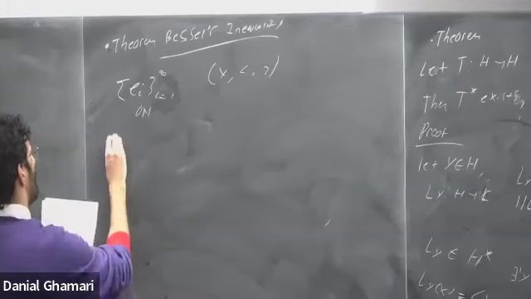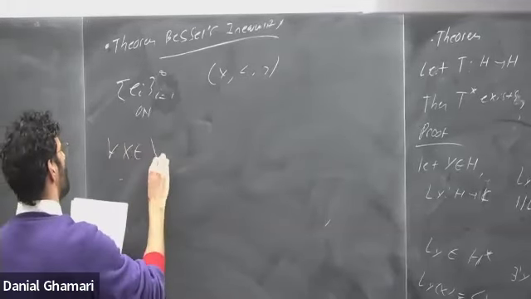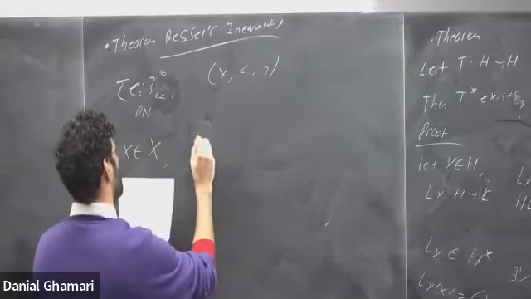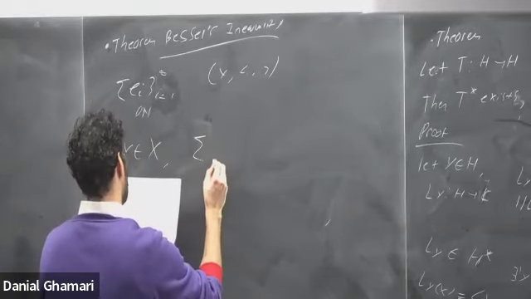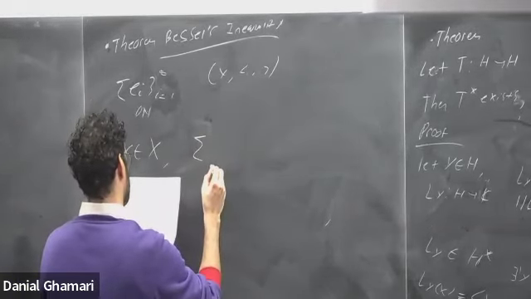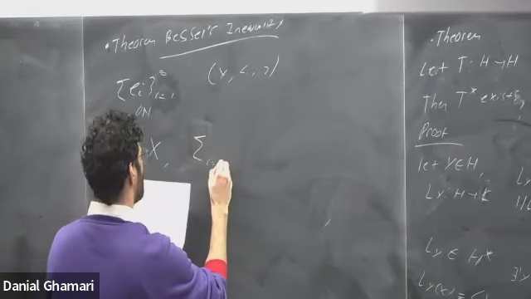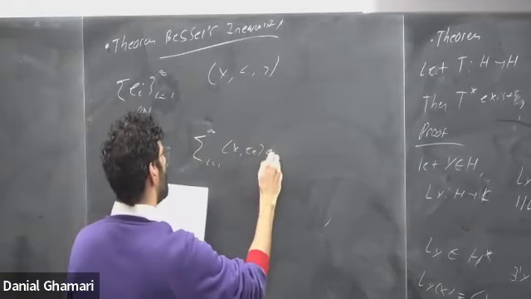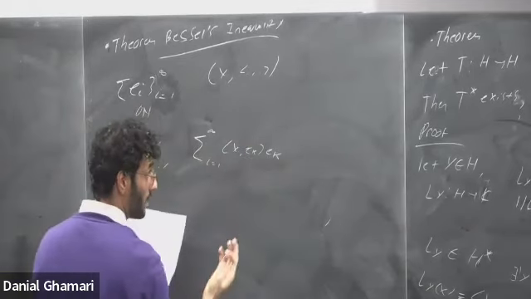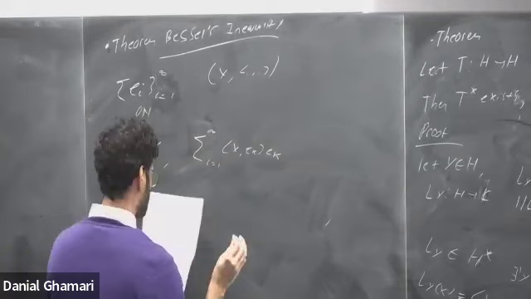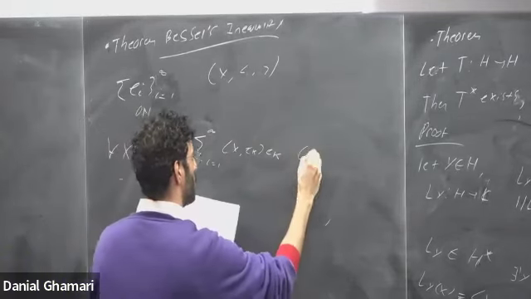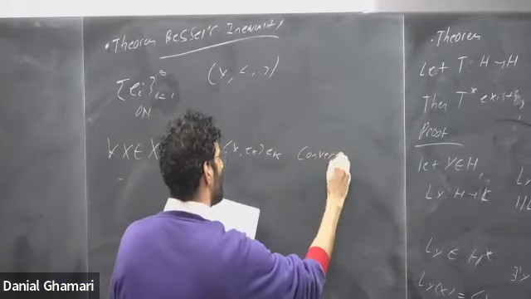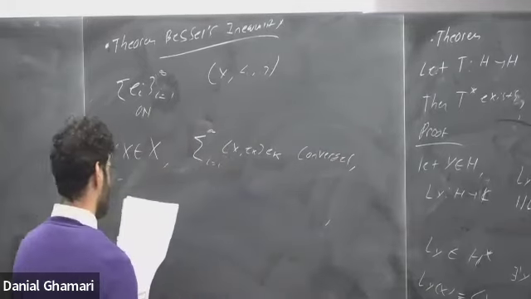So for all X an element of X, I can write the Fourier decomposition, the sum of the inner product of X with e_k, times e_k. This converges to something. I don't know what it converges to, but I can show that it converges.